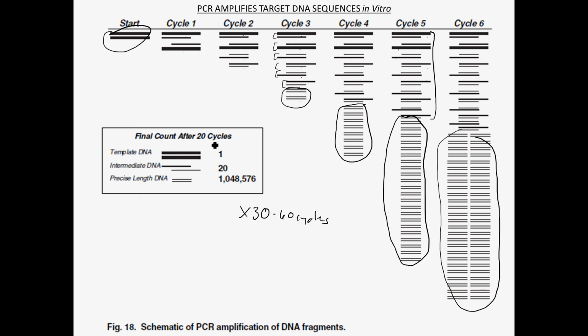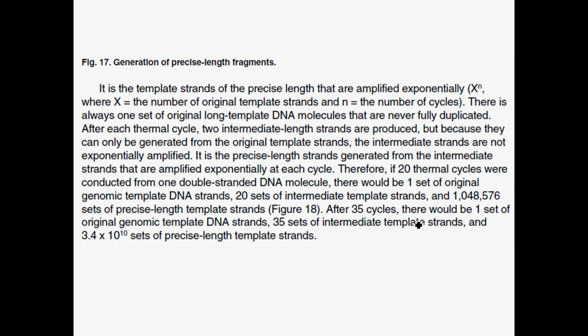And so after about 20 cycles, look, the precise DNA length that you have is well over 1 million copies, right? The intermediate ones, these are like the intermediate ones here, and then that template DNA, you have one right there. So, well, remember that all this is happening inside one of these microcentrifuge tubes, right?